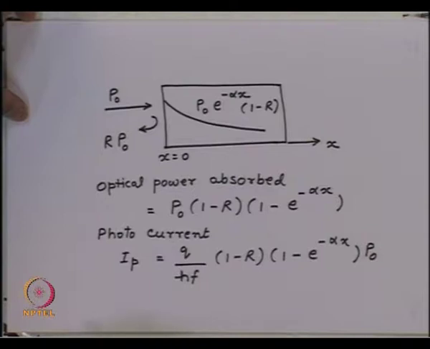So, we saw that the photocurrent is proportional to the charge of the carrier divided by the energy of a photon, which is h into f, where f is the frequency of the optical radiation.